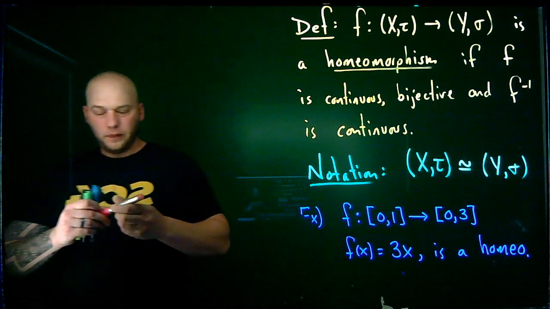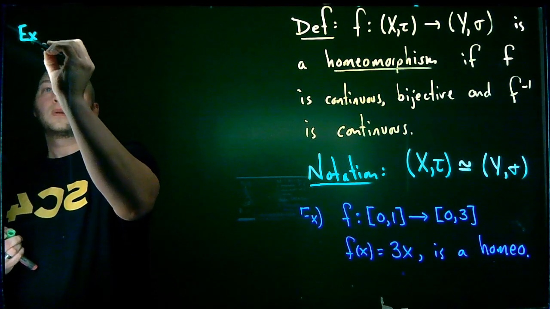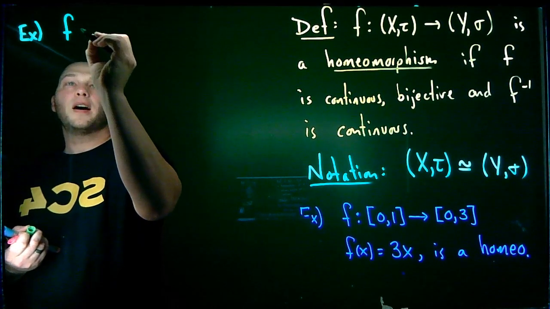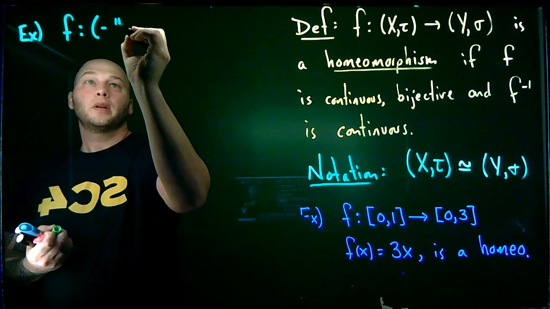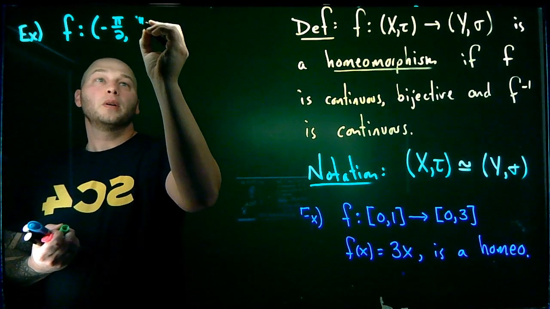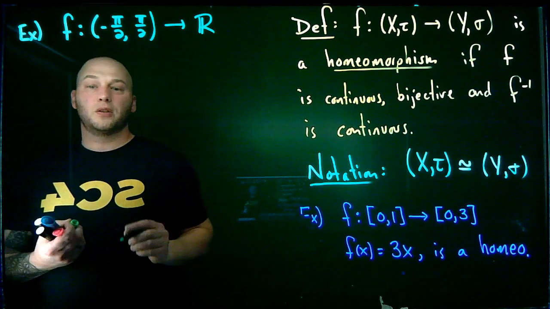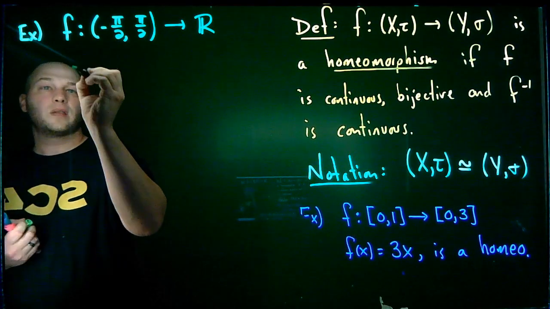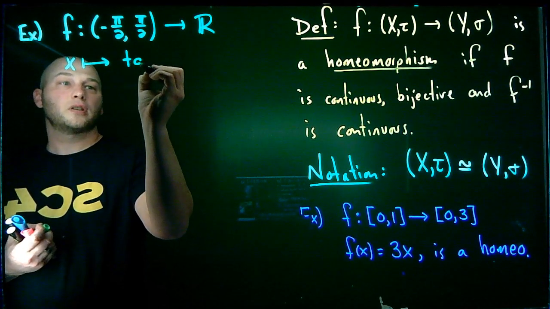Next example. Let's take the function f from (negative pi over 2, pi over 2) to the entire real line, and let's say that x is taken to the tangent of x.